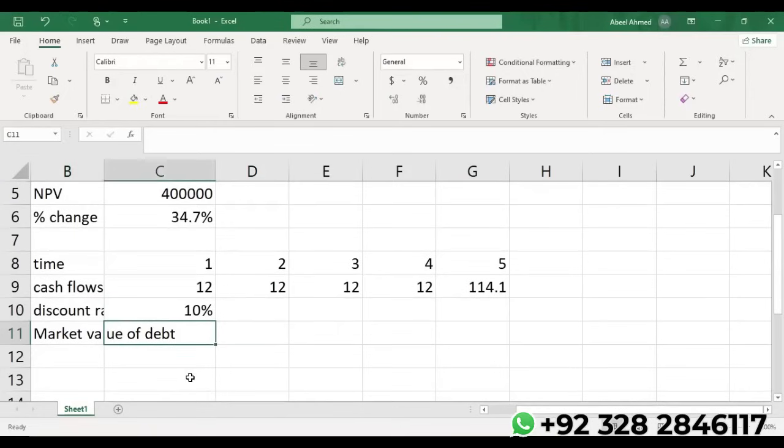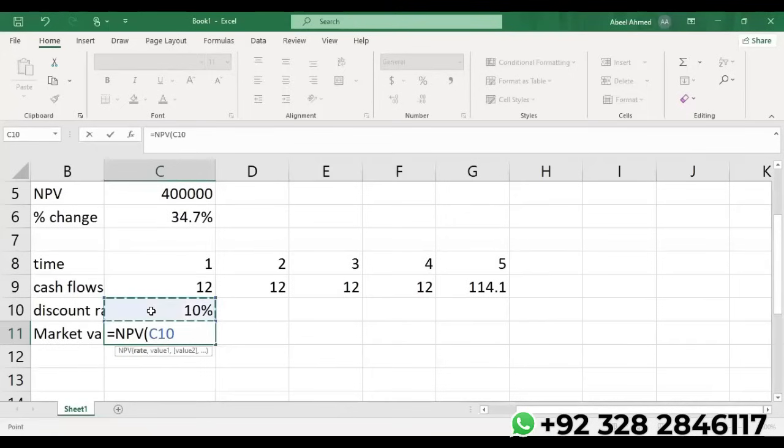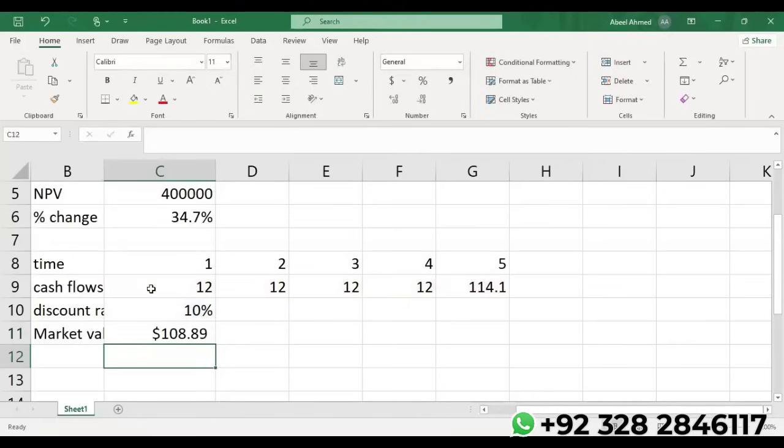Simply we'll be using the NPV function. So all those shortcuts which are available, you should be using them. Take rate, comma, select all of them, bracket close. Here comes your answer, 108.89. If we don't get the exact choice, then we'll go for the closest one, nearest one.